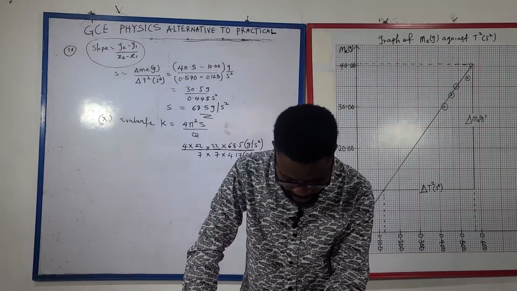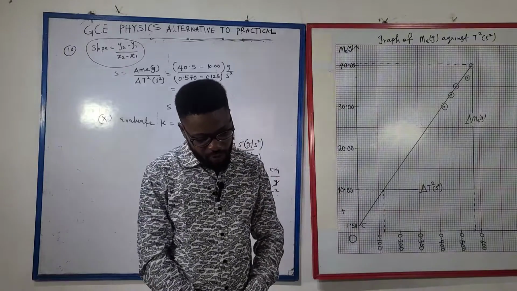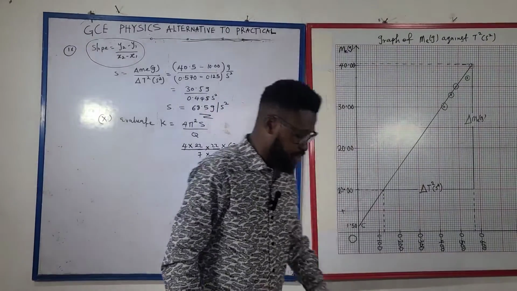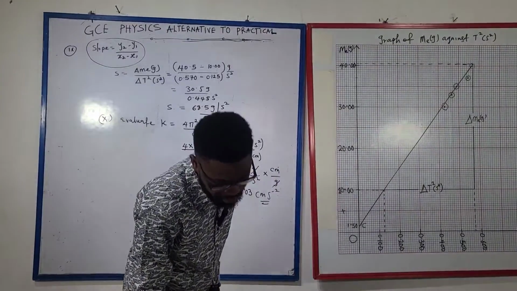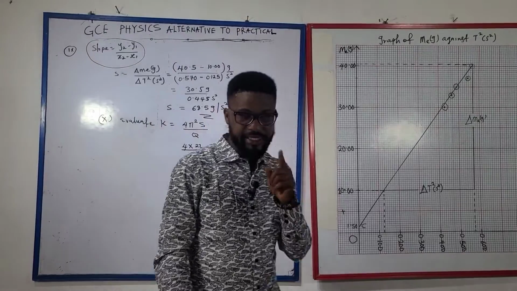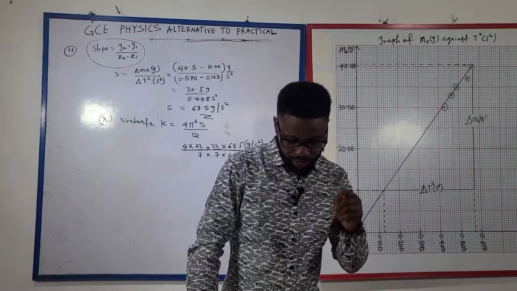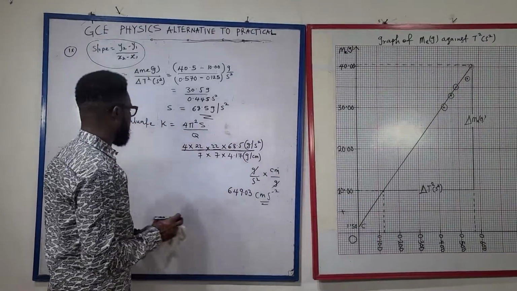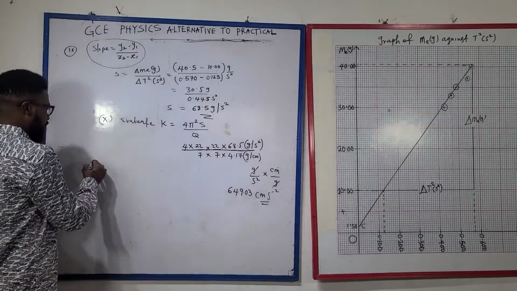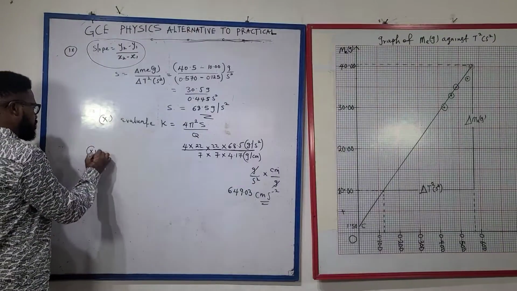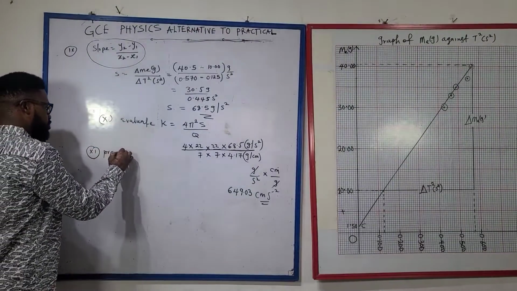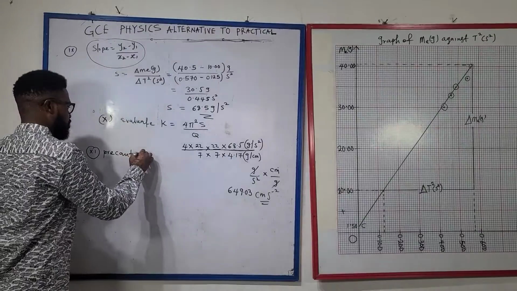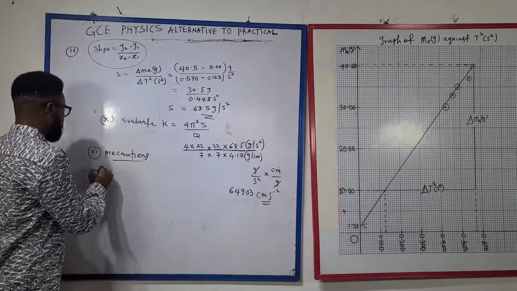That is for X. Now I have question Roman figure 11, XI, precautions. State 2 precautions that are necessary to ensure accurate results when performing this experiment. What are the precautions? Let me put my precautions here. Precautions when performing this experiment.